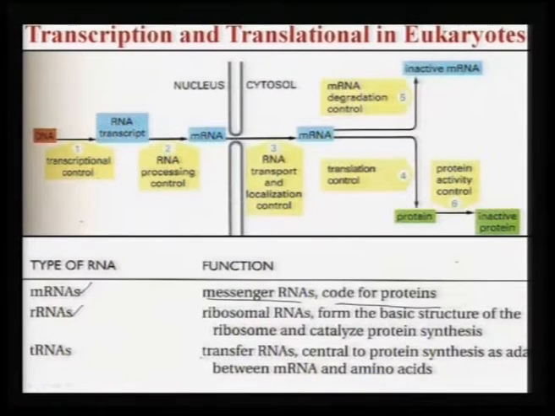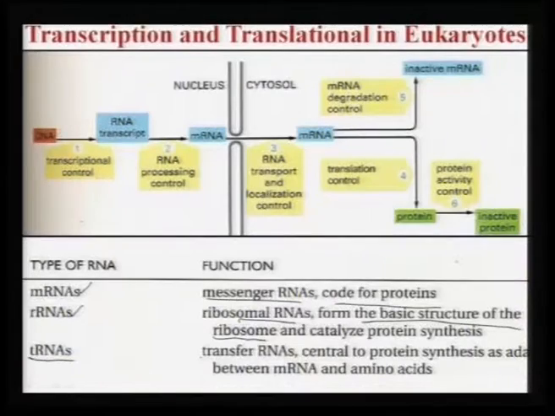Okay. There is another RNA called rRNAs, that is called ribosomal RNAs. Now, ribosomal RNAs form the basic structure of the ribosome. What is ribosome? Ribosome is the protein synthesis unit which is there in the cytoplasm, right, outside the nucleus.